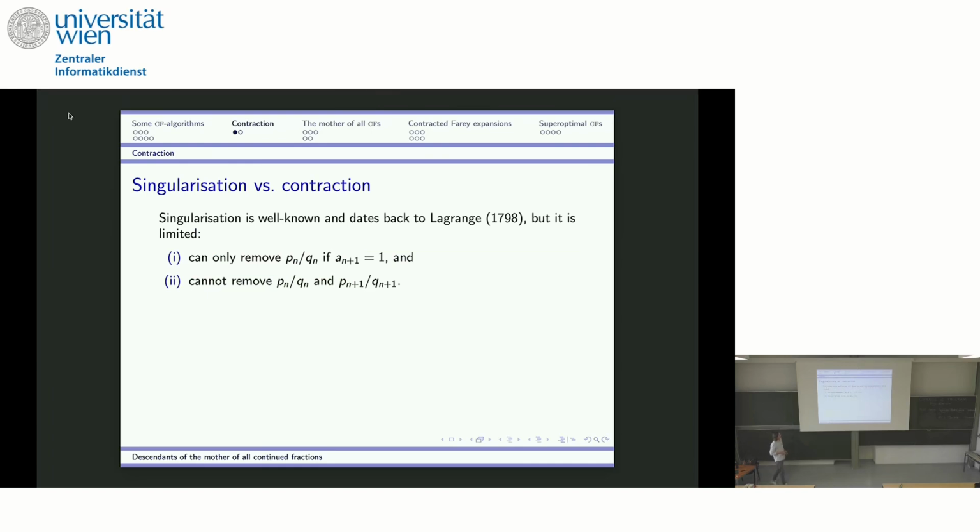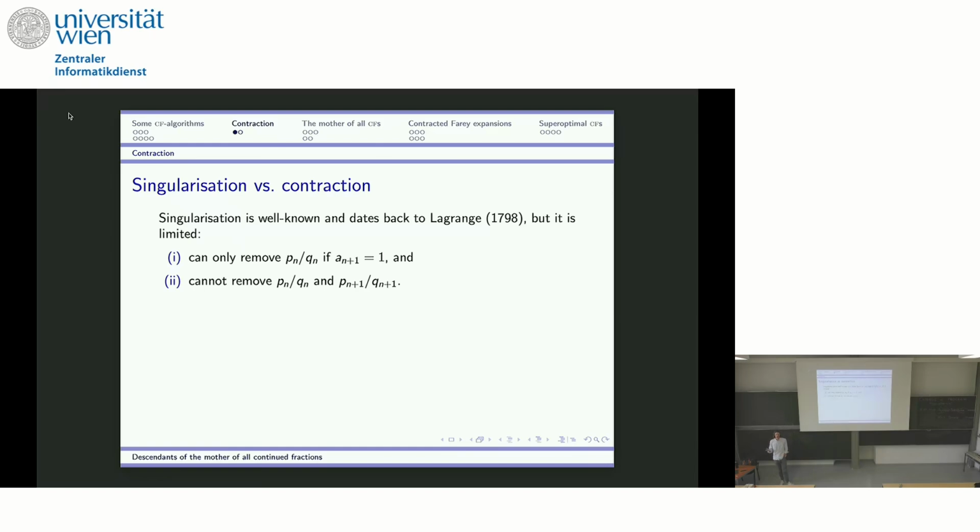Okay, so we talked a little bit about singularization. This is a way of accelerating continued fraction expansion by removing some of its convergents. But this technique is somewhat limited. It dates back to Lagrange from 1798, but it has two main restrictions. If you start with the regular continued fraction expansion of x, you can only singularize and remove the nth convergent if the (n+1)th partial quotient is equal to 1.